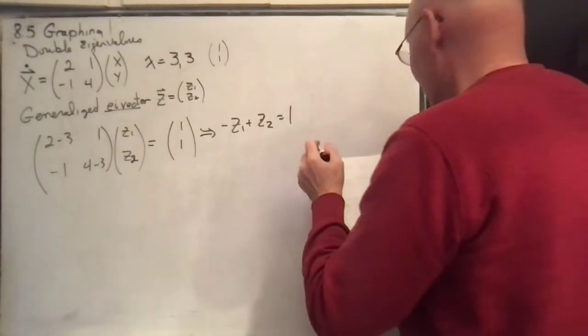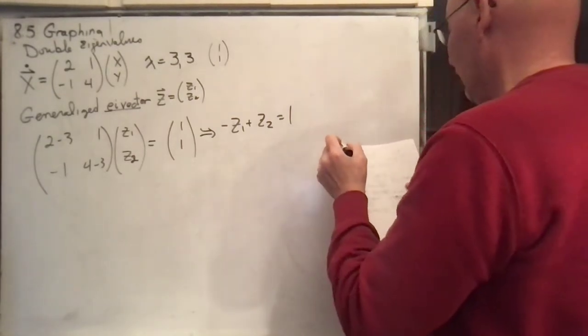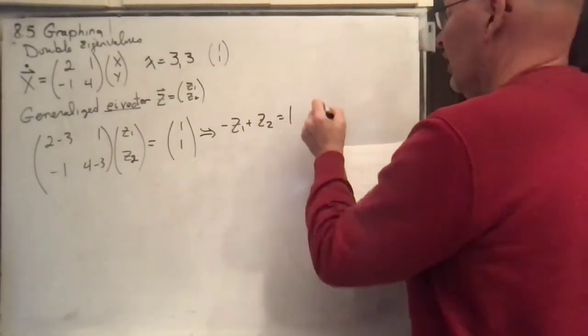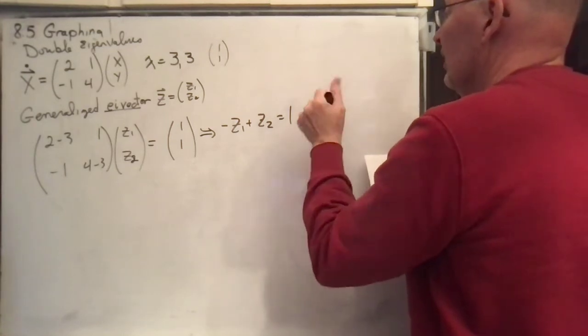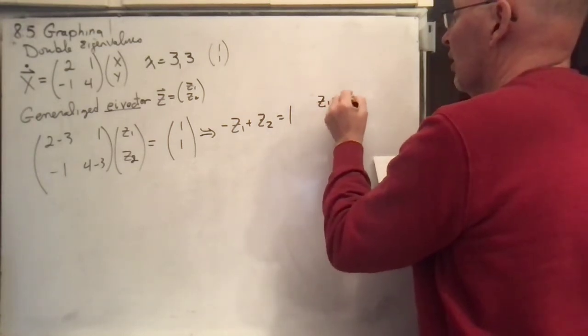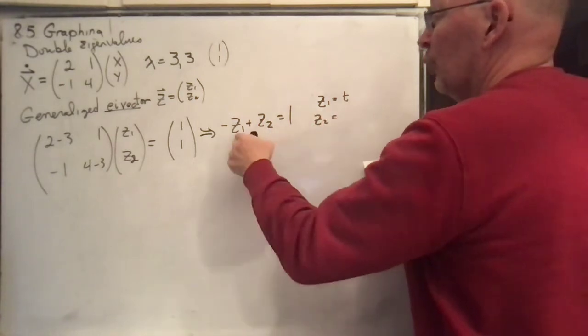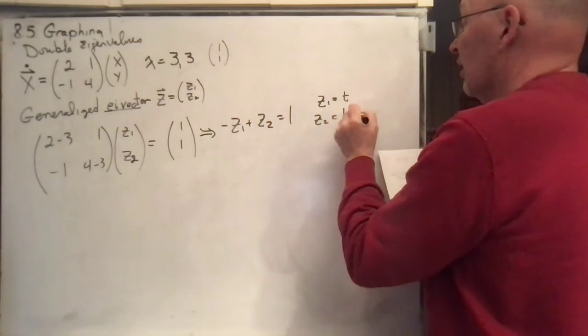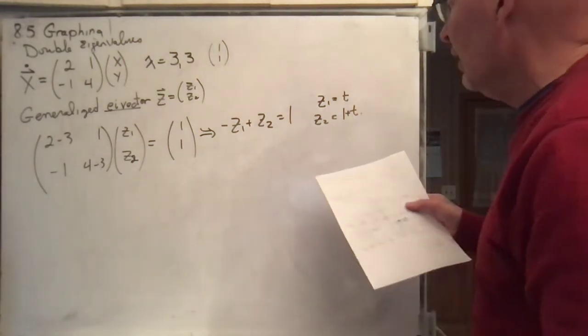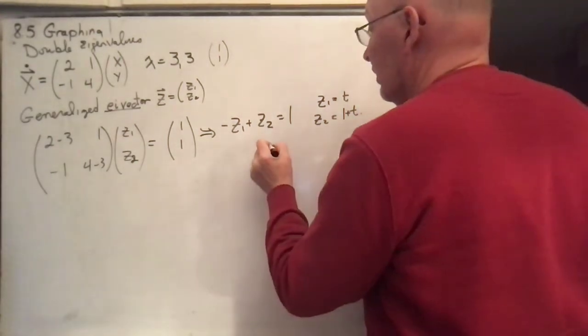And then you do the same sort of thing as before. You set one of those equal to a parameter. So I'm going to set z1 equal to t, and so z2 becomes 1 plus t. See that?